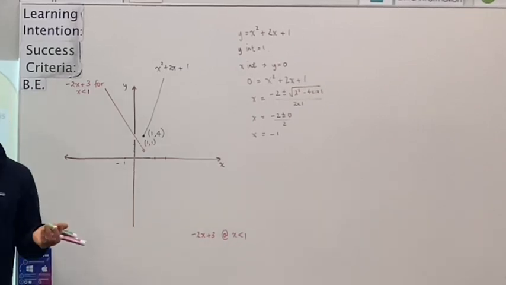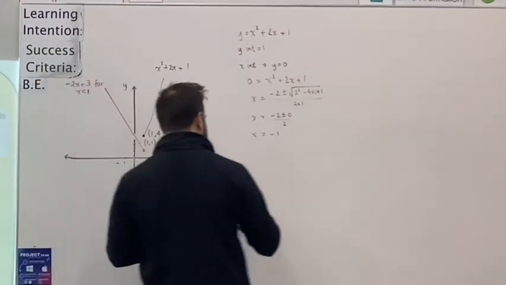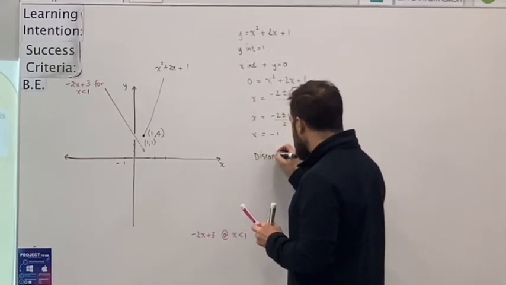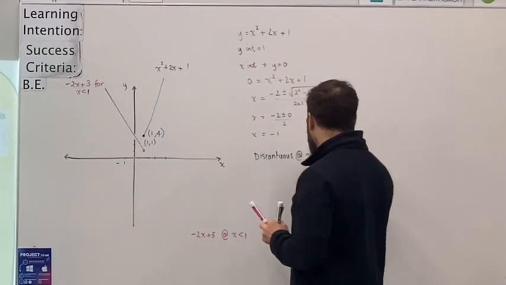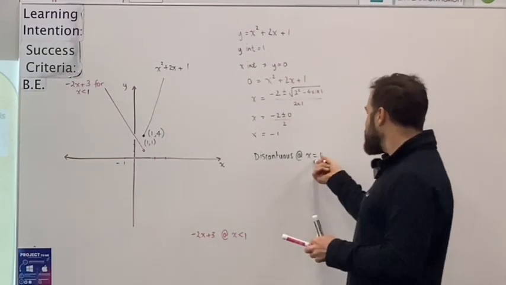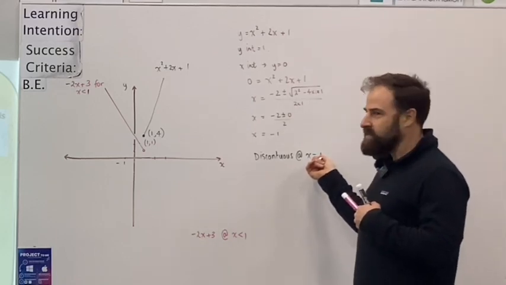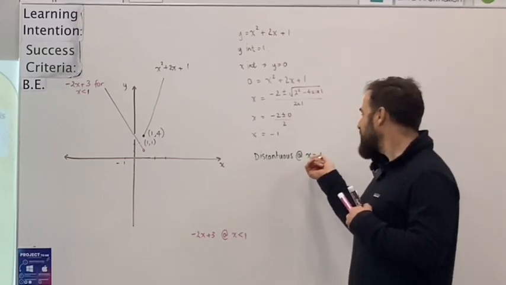Okay, it's discontinuous. Where's it discontinuous? It's discontinuous at x equals 1. So my graph is discontinuous at x equals 1. Does the derivative exist there? No, it does not. So the derivative does not exist at this point.